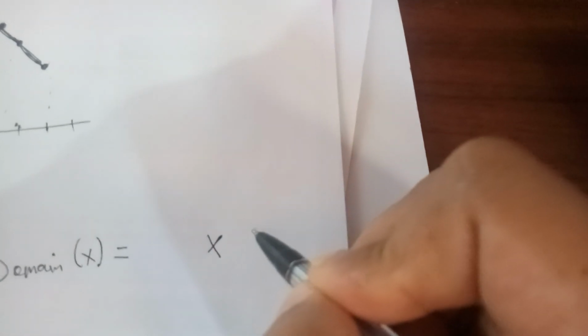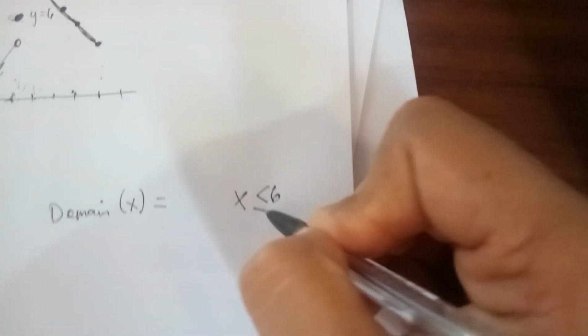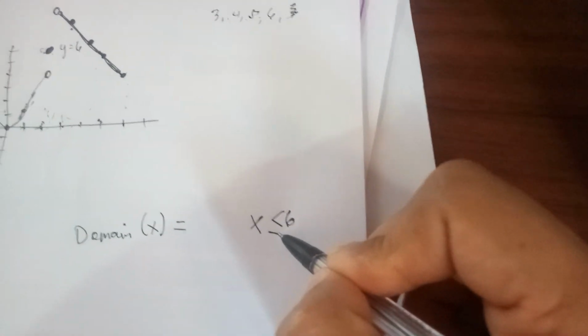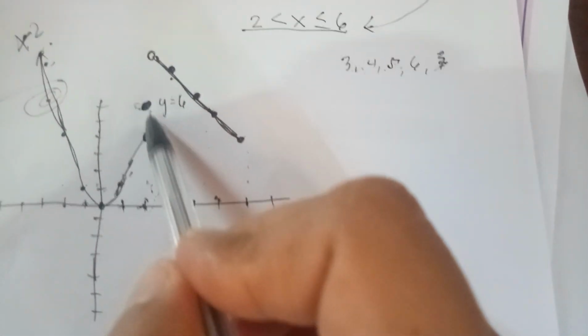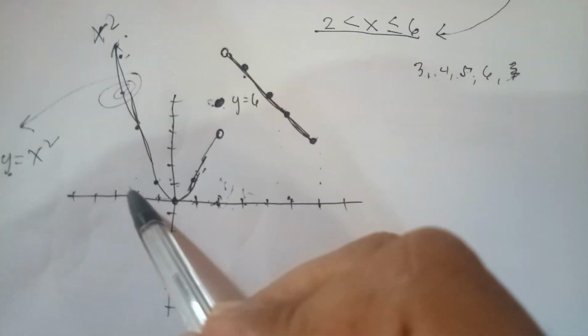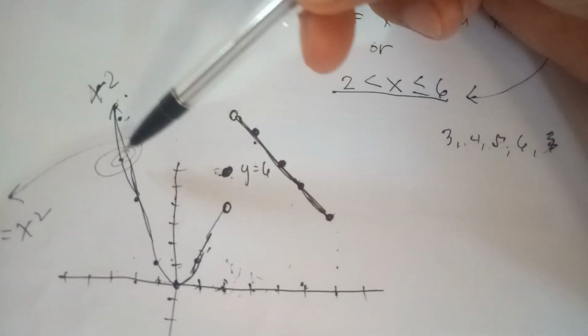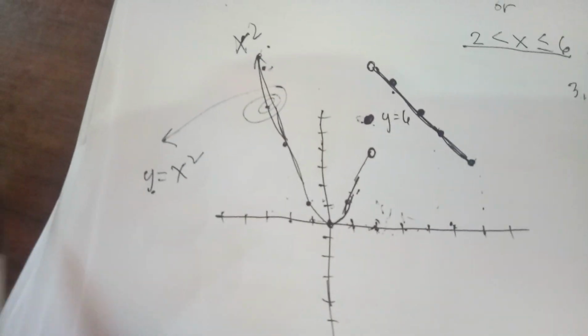Kaya, ang magiging domain natin, lahat ng value ni x less than or equal to 6. Pero, hanggang saan? Pwedeng 5, 4, 3, 2 kasi tumama si 2 doon. Kahit yung dalawa hindi. 2, 1, 0, negative 1, negative 2, negative 3. Pag in-extend mo pa itong pataas, marami ka pang tatamaan dito. Walang katapusan. Infinite.